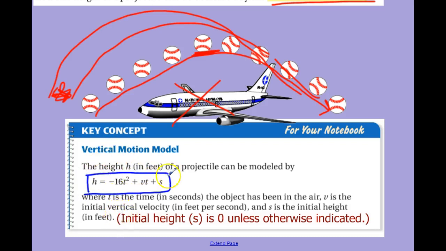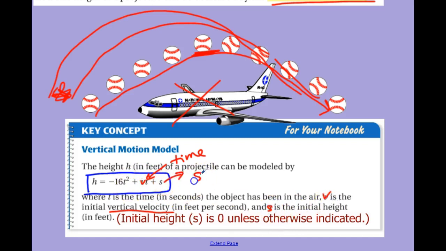So it says the height in feet of a projectile can be modeled by this equation. It says t is the time in seconds, so t right there would be time that the object is in the air. v is the vertical velocity, normally just referred to as the velocity, and s is the initial height.